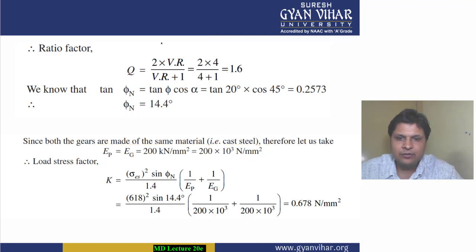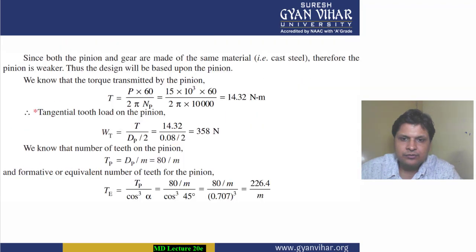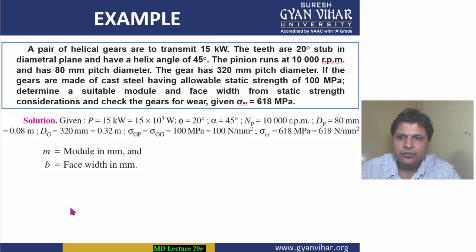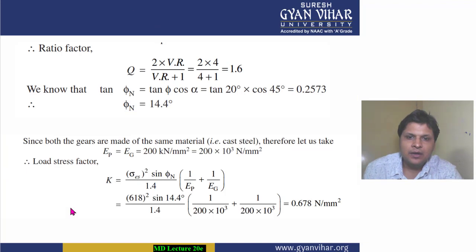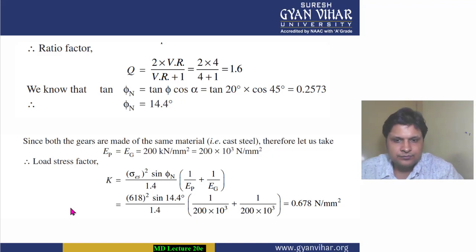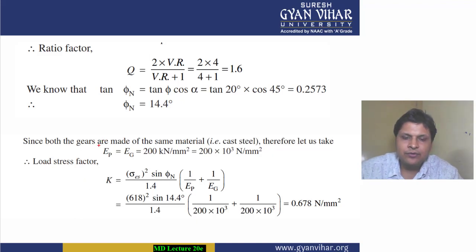This is the value given in the question also, or by the data book you can find this value of EP, the modulus of elasticity. If it is not given in the question, students, you can take it from the machine data book. You can find the value of Young's modulus.